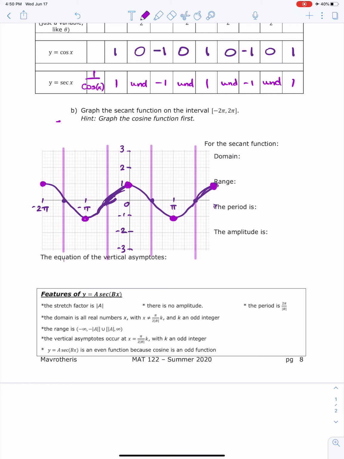Okay. And so cosine and sine are related, cosecant and secant are related. So this is going to do the same thing that the cosecant function did, and that is from the maximum and minimums, we are going to approach those asymptotes.